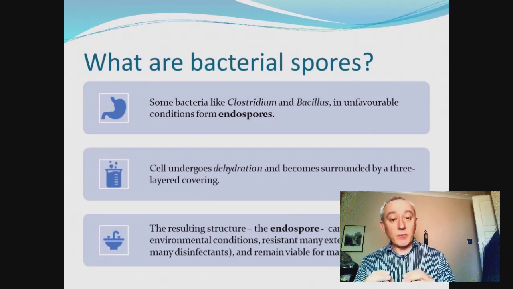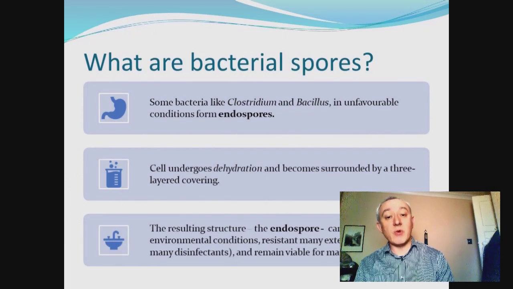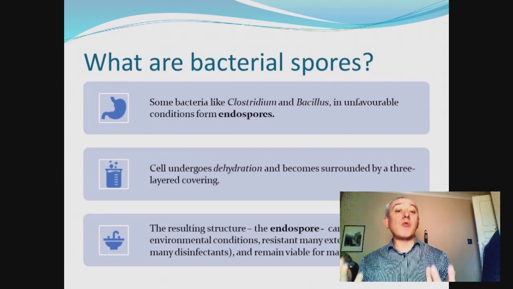And what's amazing about spores is that they can remain in this state for incredibly long periods of time, theoretically hundreds of years, and then reproduce when the conditions are again favourable. They sense whether there's water present, or they sense whether there's nutrients present, and then they enter again into the vegetative state.